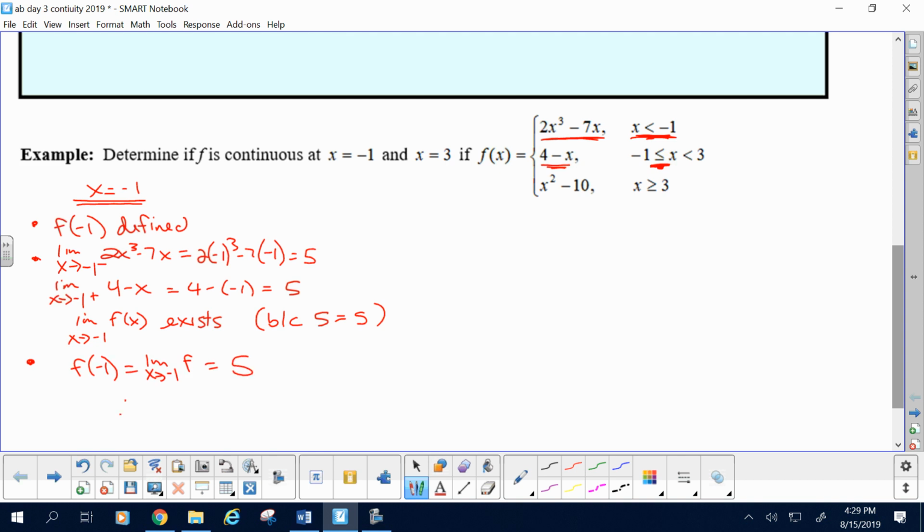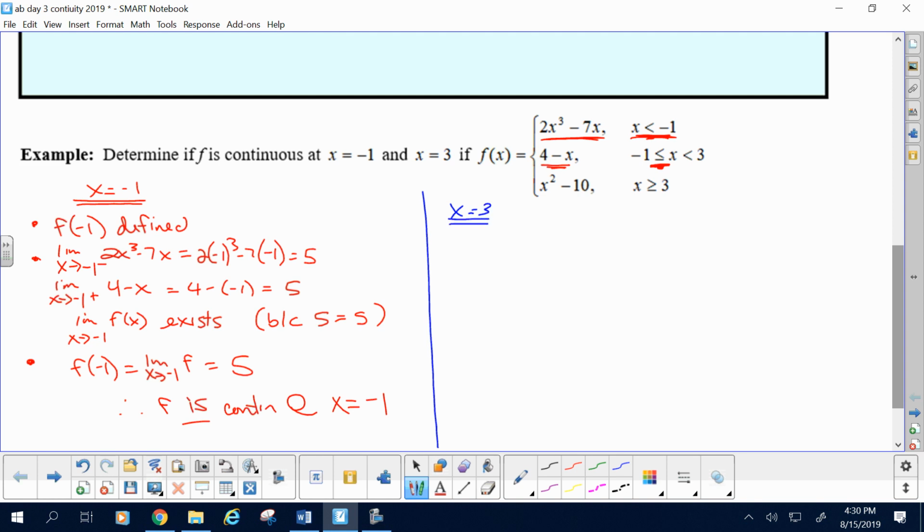And so we can conclude, it's pretty typical when you write a proof that you do this little three-dot triangle to say, therefore, f is continuous at x equal -1, because the conditions for the definition of continuity have been met.